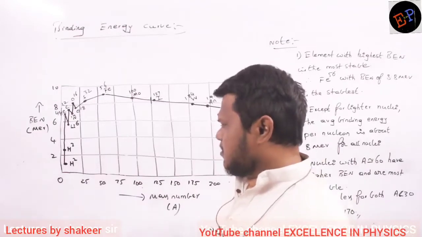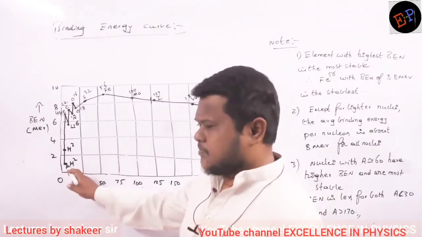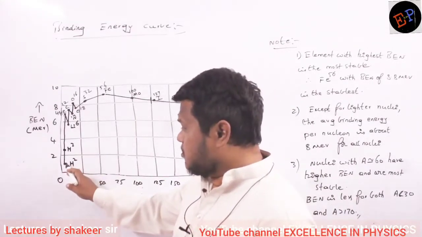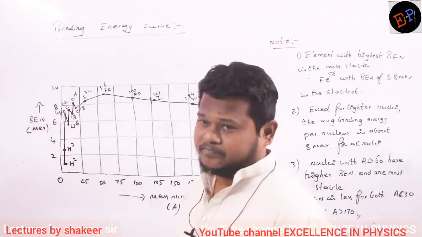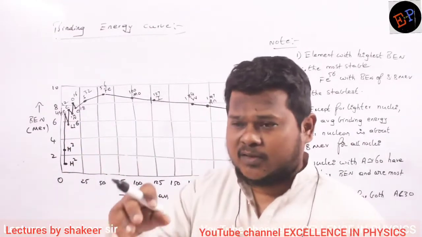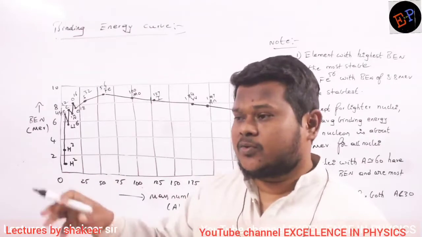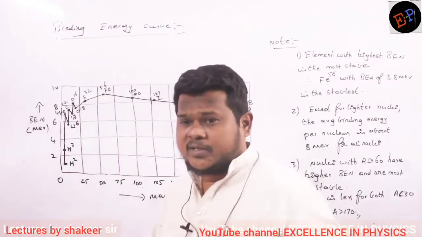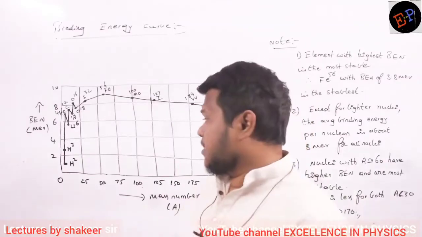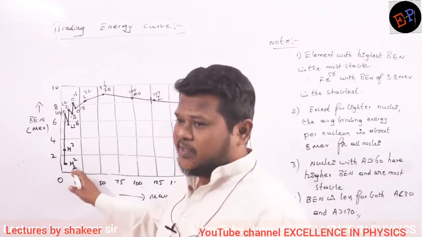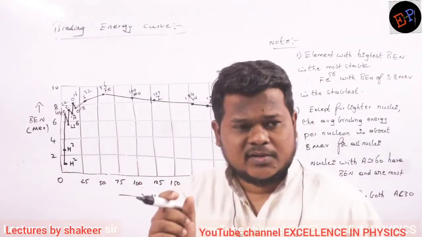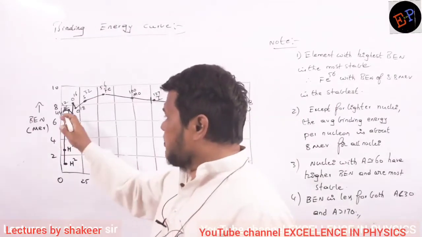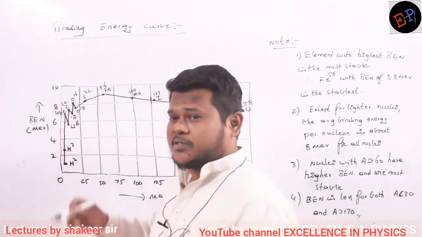And one more point is that, see here I have hydrogen. When two hydrogens combine to become helium, this is the process which is happening on the surface of the sun. Hydrogen has the lowest BEN. Hydrogen BEN is very less, but you see the BEN of helium is very large.